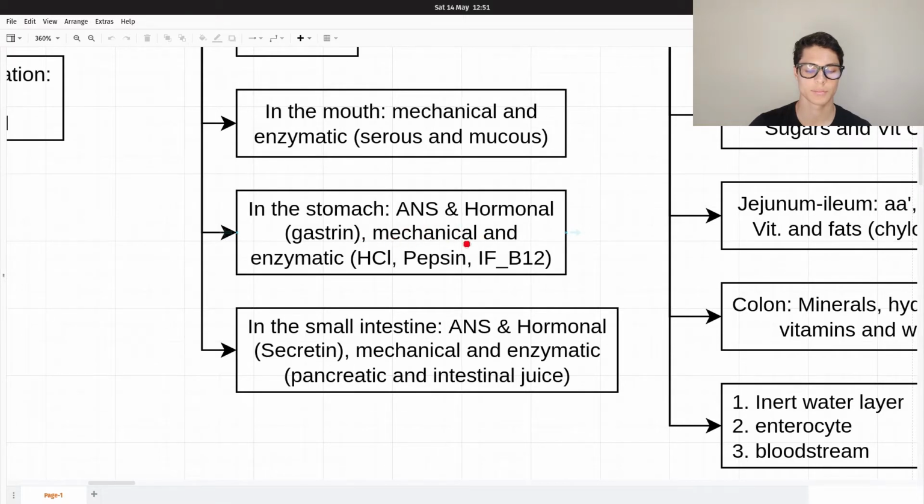Mechanical digestion, because the stomach contracts itself to create the cud. And enzymatic, as I said, this is all regulated by the autonomic nervous system and hormonally.